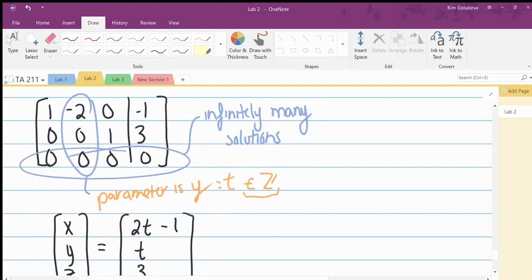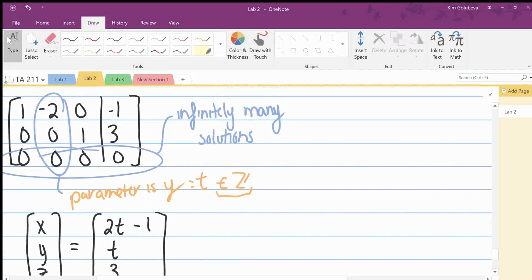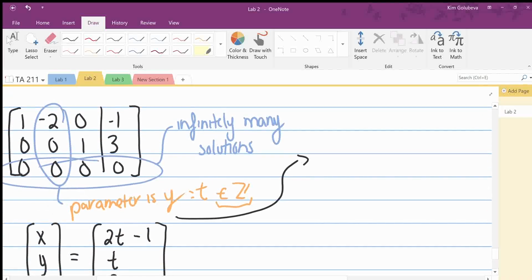Okay, and the reason for this, I'll just write this quickly in case it doesn't make sense. So we have x minus 2t, because remember t stands for y now, plus 0z equals negative 1, and our second equation here, we're just getting this straight from here.